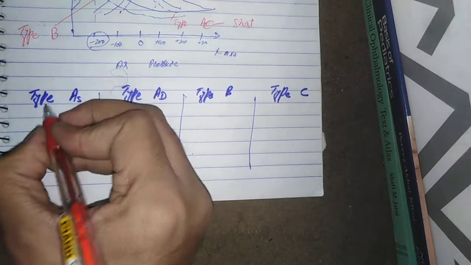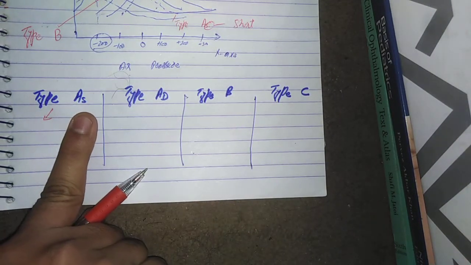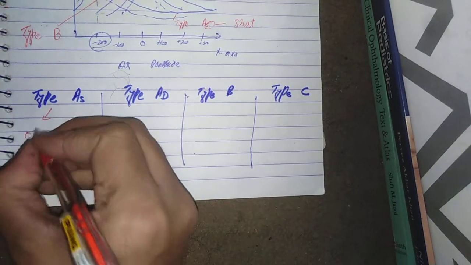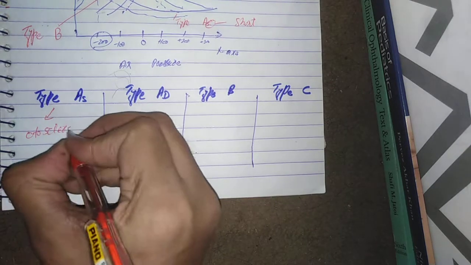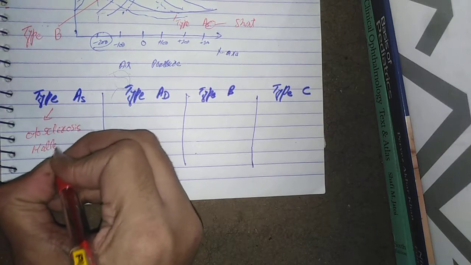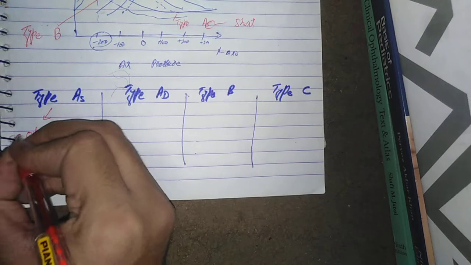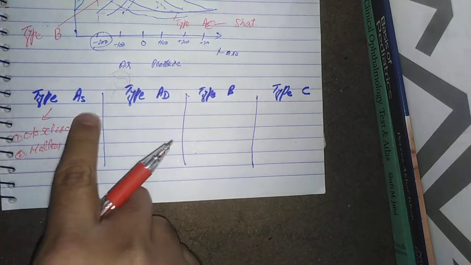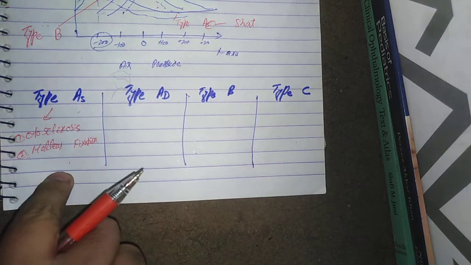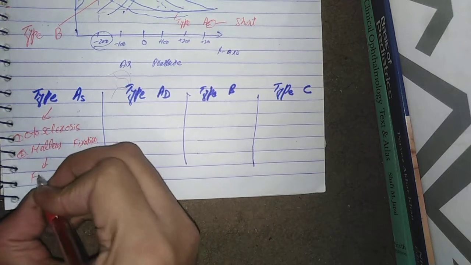Type AS. This type of tympanogram will be shown in diseases like otosclerosis and malleus fixation. This type of tympanogram is shown in diseases when there is fixation of ossicles.